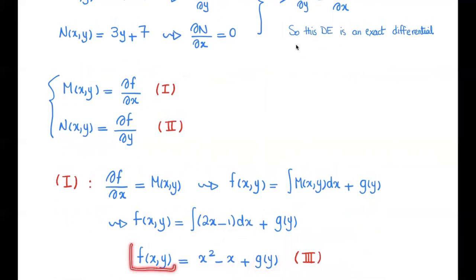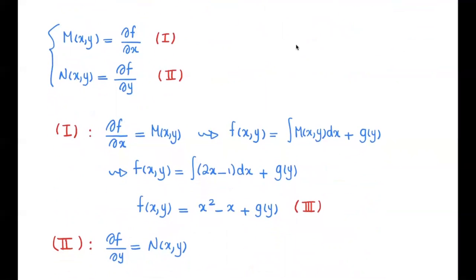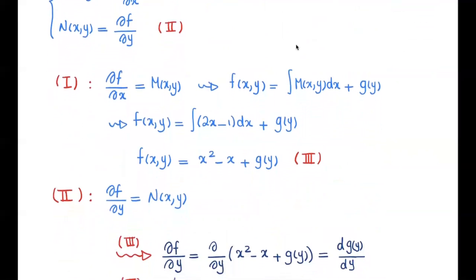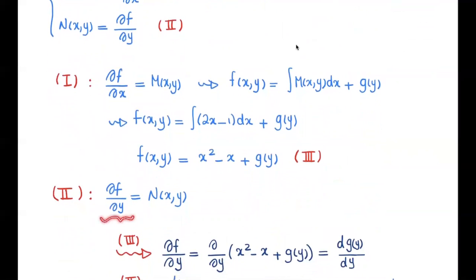Now that we have f of x and y, we can find its derivative with respect to y, which will be equal to N. So partial f partial y is equal to N of x and y. For the left-hand side, we can easily find the derivative of this function with respect to y, which is here.